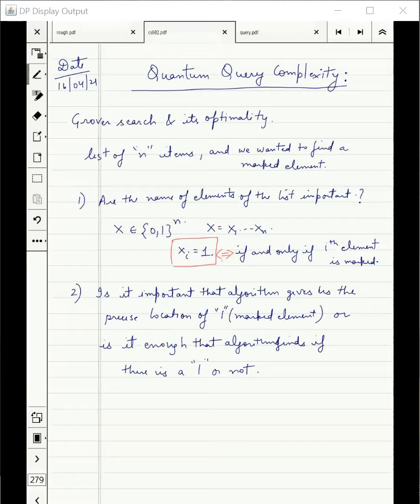So we would know there is some marked element because the state would have changed.